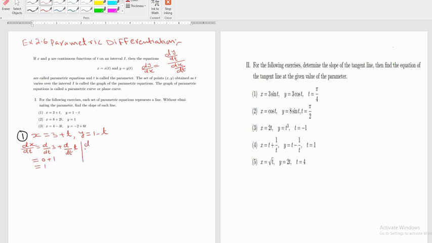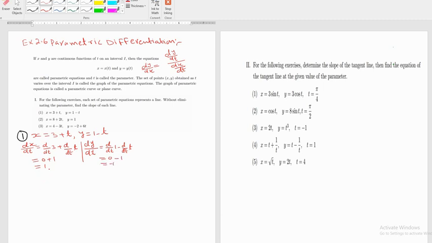And dy/dt means differentiate this with respect to t: d/dt of 1 minus d/dt of t. So 1 gives 0, minus d/dt of t is 1, so 0 minus 1 means minus 1.